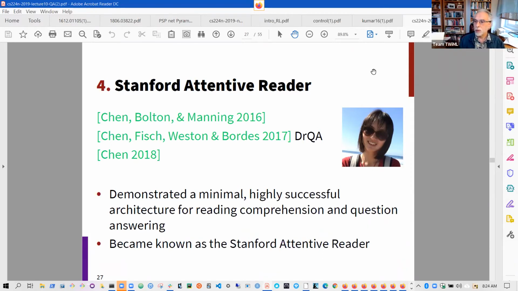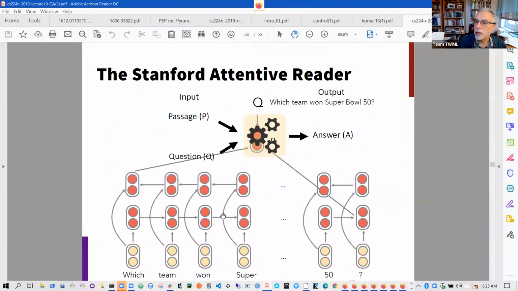So I don't know what reason they have for doing that, but they gray all of this out, and they just leave Dr. QA because I guess that was the name of her paper or something like that. Anyway, Stanford Attentive Reader. So that's the one that they start talking about in this lecture.